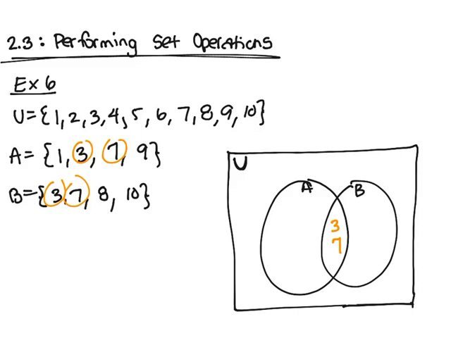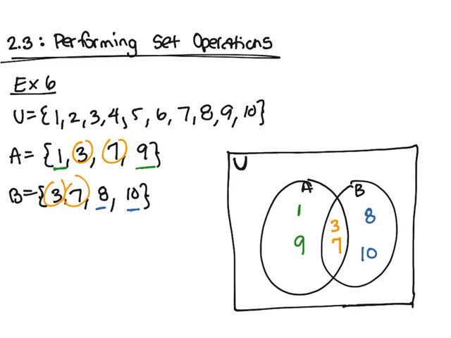Okay. So that means by looking at what's left in A, you got 1 and what? 9. So that's only in the A part, right? And then what would only be in the B part? 8 and 10.